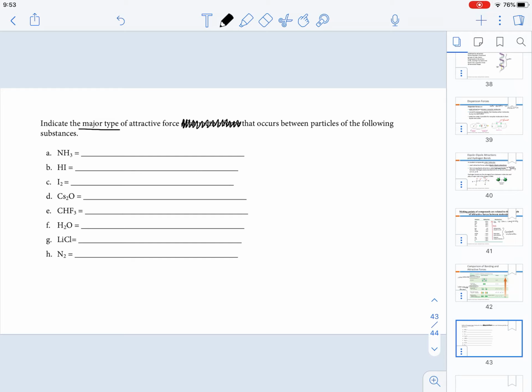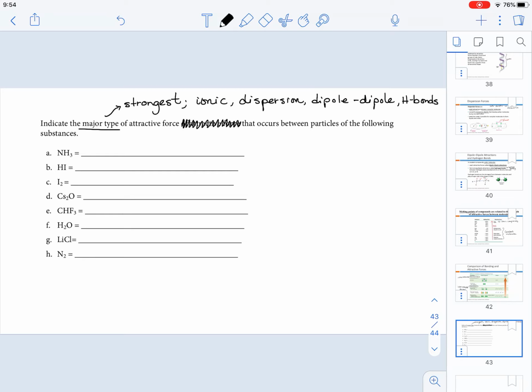So whenever we're doing the major type, meaning the strongest, you're going to choose from ionic, dispersion, dipole, and lastly, hydrogen bonds or hydrogen bonding.